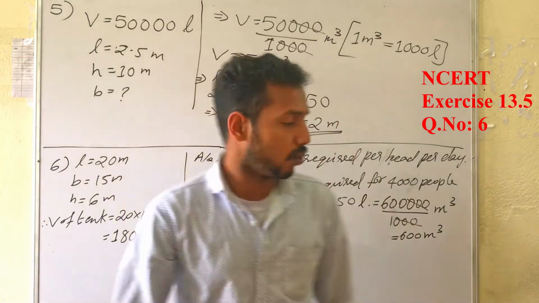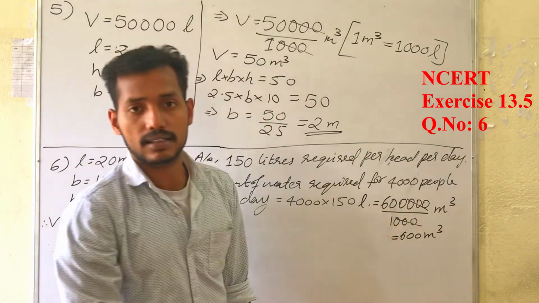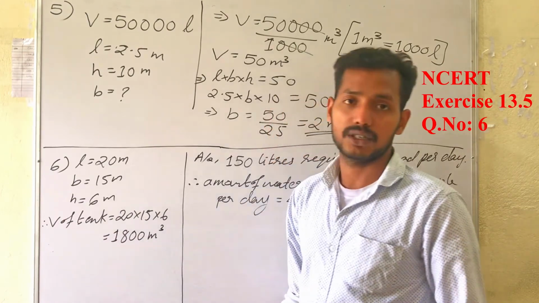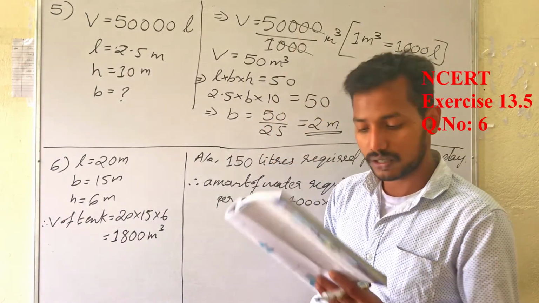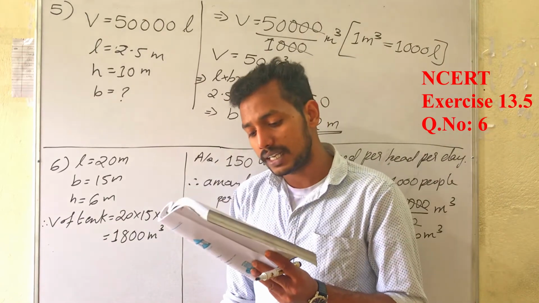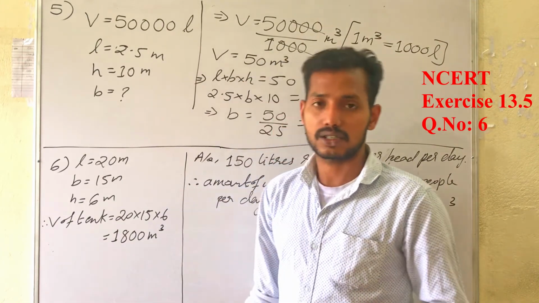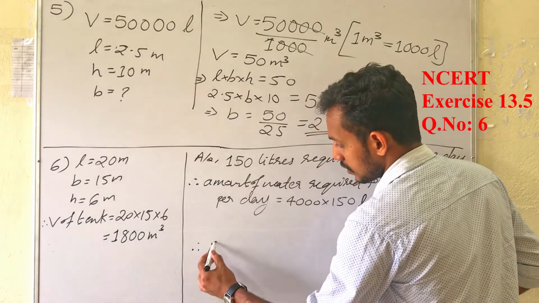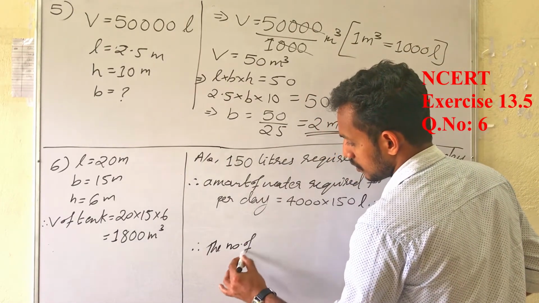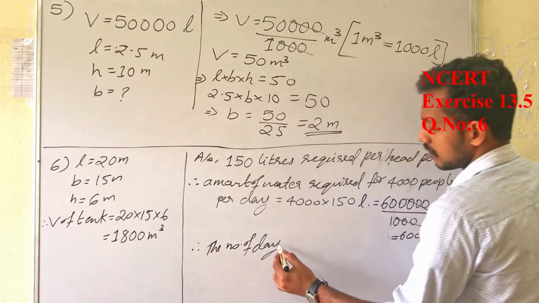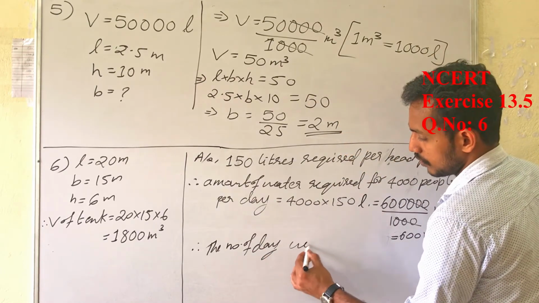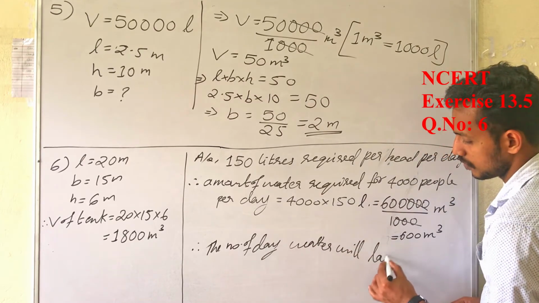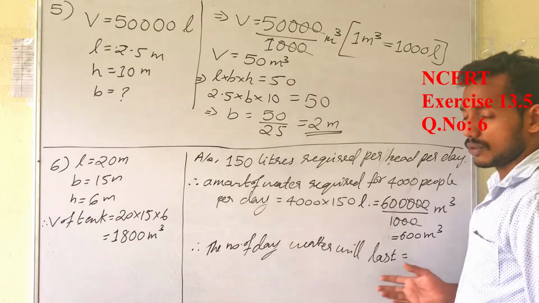Now, in one day, the people require 600 meter cube and the volume of tank is equal to 1800 meter cube. Then how will we find? What is the question? For how many days will the water of this tank last? The number of days water will last is equal to, how to calculate?